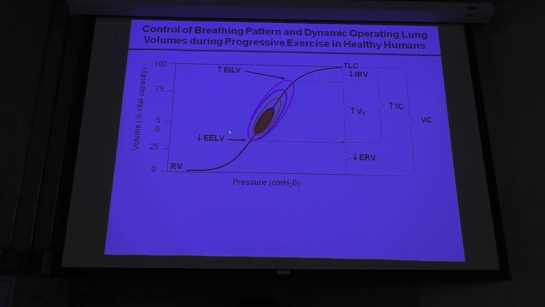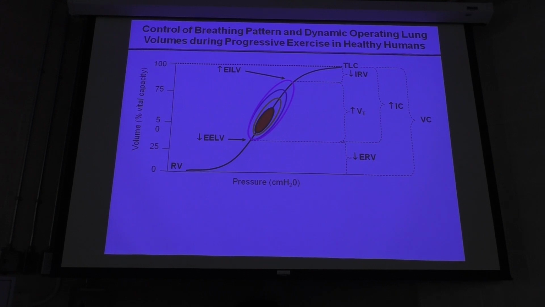These end inspiratory and end expiratory lung volumes will encroach on the expiratory and inspiratory reserve volumes, but all the while tidal volume will expand along the linear portion of this curve where the respiratory system is compliant, where the work of breathing, or the amount of pressure that the respiratory muscles need to generate to support a given tidal volume, is relatively modest. We're not forcing the body to generate disproportionately large efforts to achieve a particular volume change.